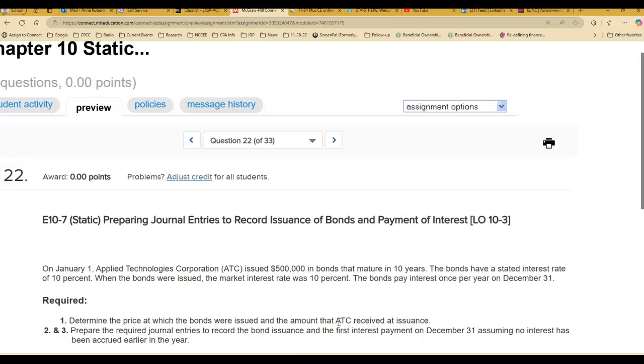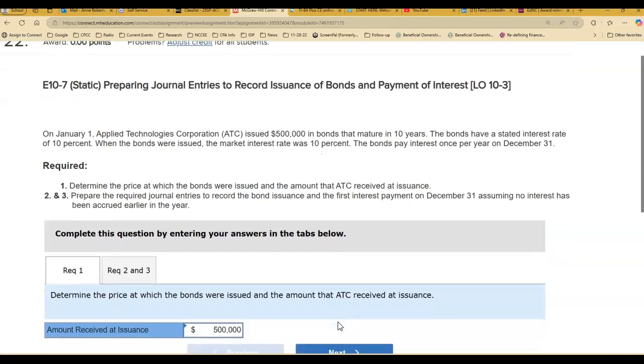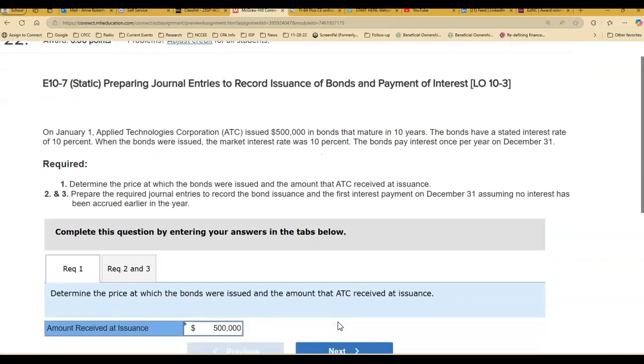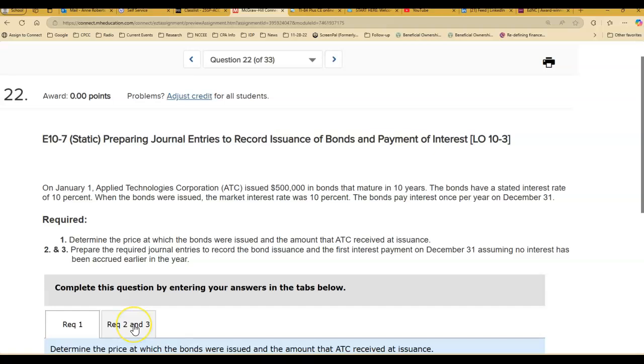So if they issued at face value, how much did they receive? $500,000. Okay. All right. Then requirement 2 and 3 says prepare the required journal entries to record the bond issuance and the first interest payment. Okay.